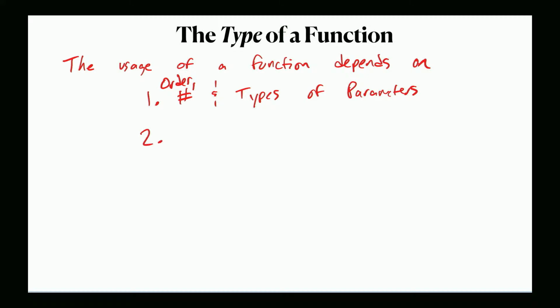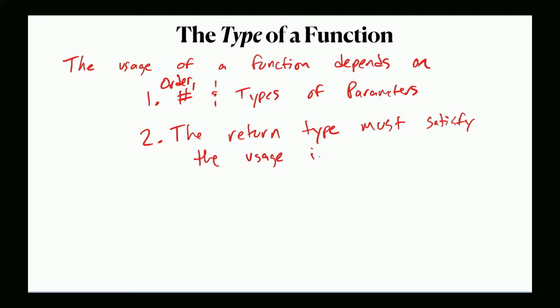And 2, the return type. Must satisfy the usage in an expression. So anywhere we have an expression, we know that every expression is ultimately going to evaluate down to some type when it's evaluated.